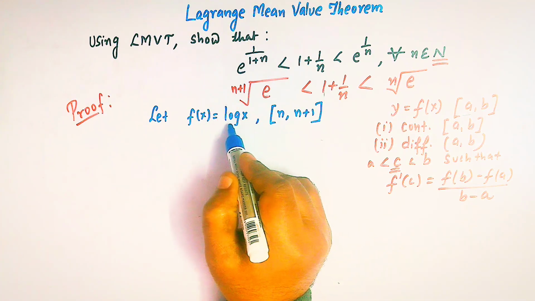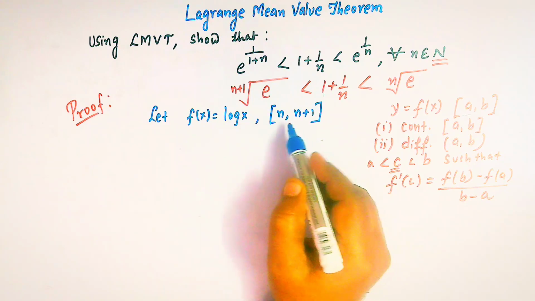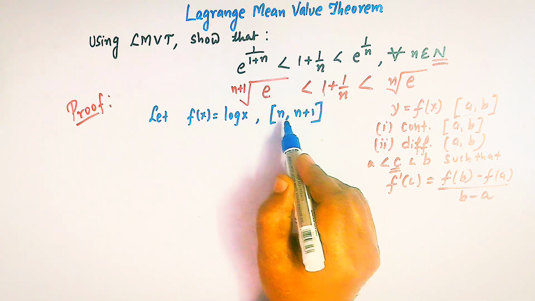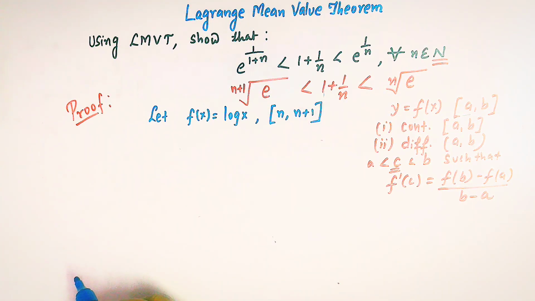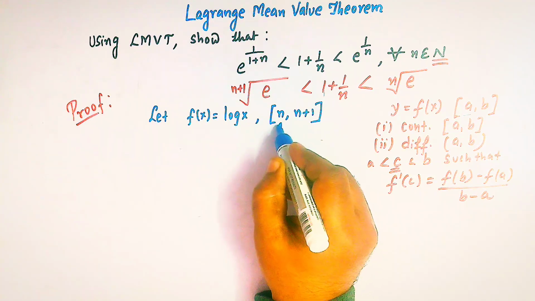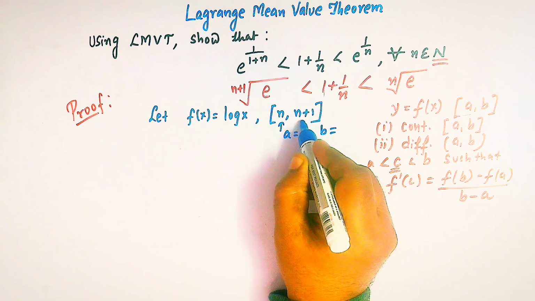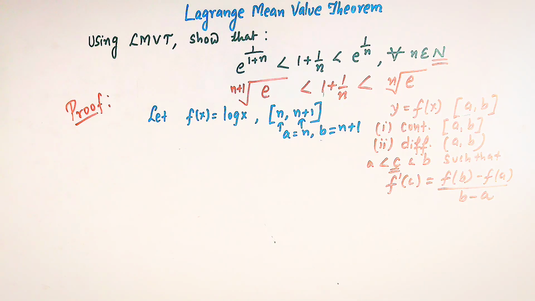This is natural log of x, and here it is understood that the base of log is e. And we will take the interval as n comma n plus 1, where n belongs to the set of natural numbers. So the value of a is n and the value of b is n plus 1.